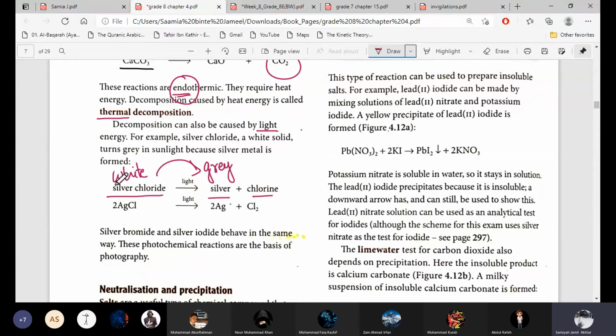It's not powder, it's in the solid form, small crystals. The white one will change into gray and chlorine gas is evolved. Silver bromide and silver iodide behave in the same way. These photochemical reactions are the basis of photography.